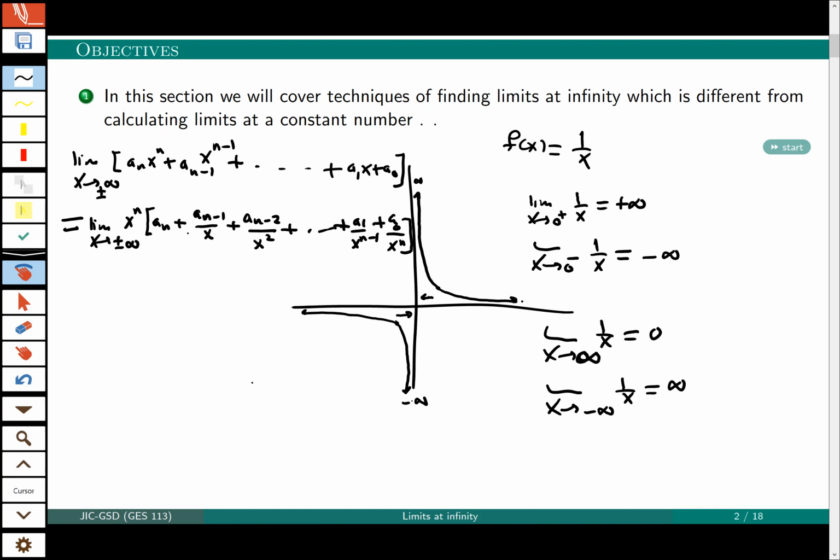If x goes to infinity, all of these will go to 0. So we will end up with limit when x goes to plus or minus infinity of a_n x raised to the power n.